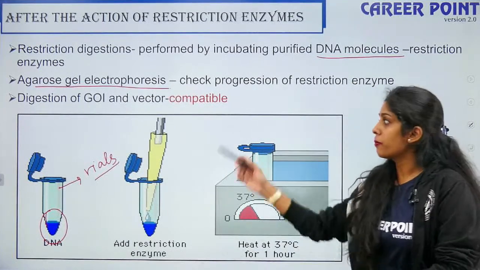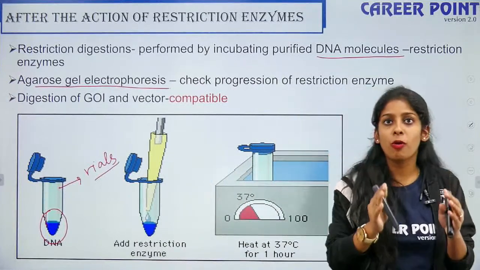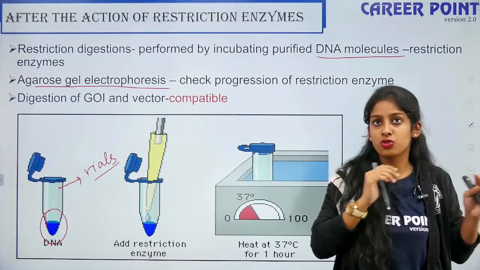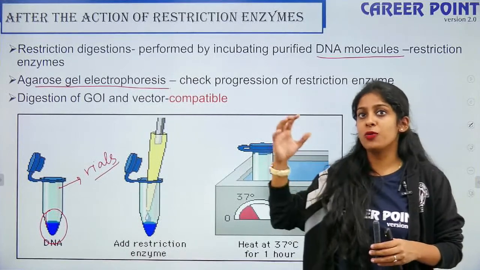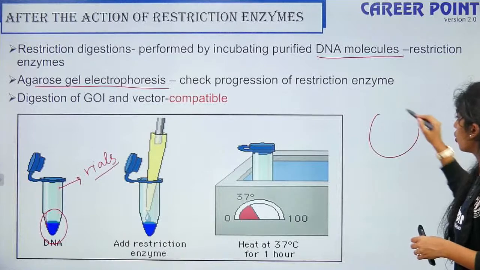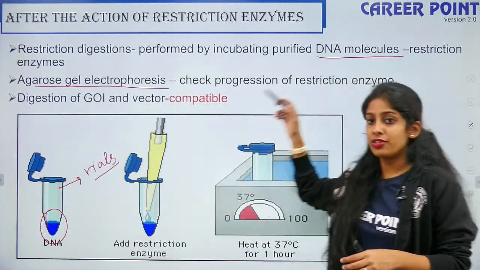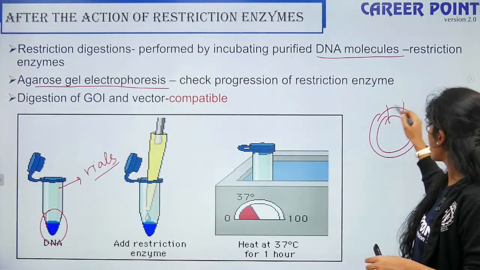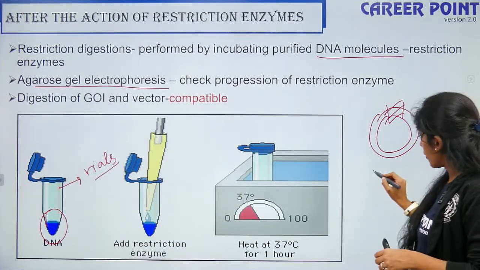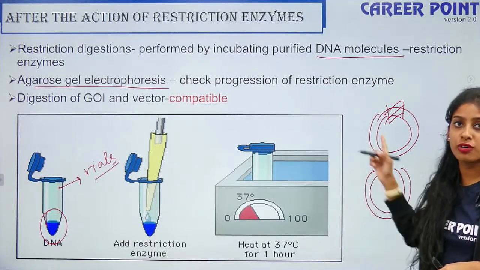Also, when you are performing a restriction digestion, it is to chop off your gene of interest from your chromosomal DNA. At the same time, you have also the second component, that is your vector. Your vector is a closed figure like this. Now, if you want to insert your gene of interest into the vector, it also has to be chopped off, right? So the vector should be ready like this to accommodate your gene of interest.